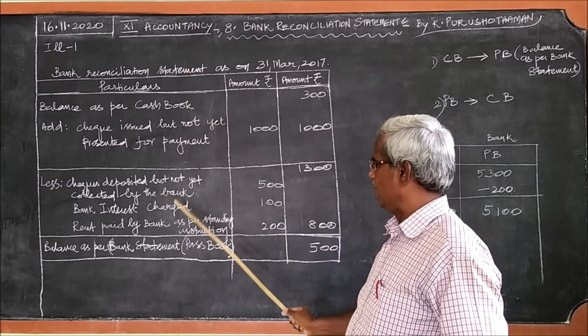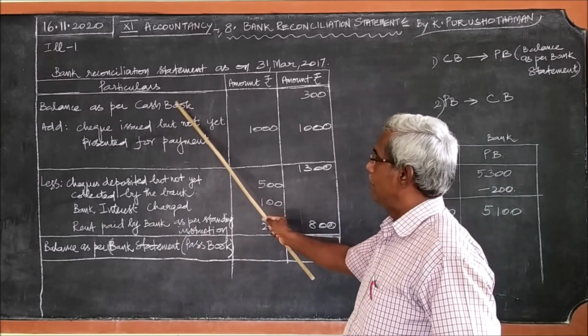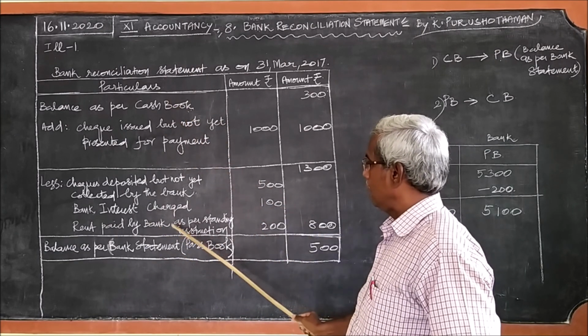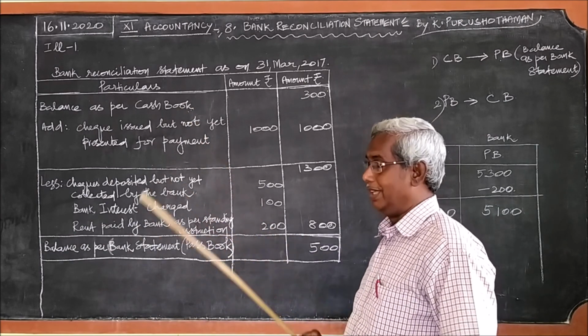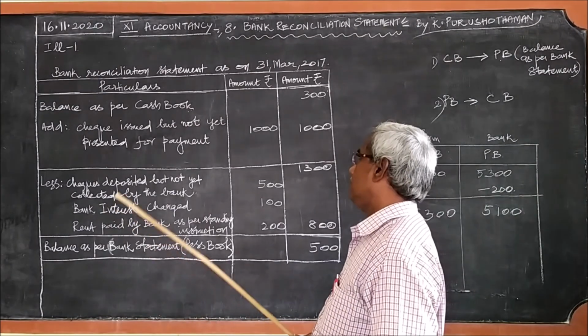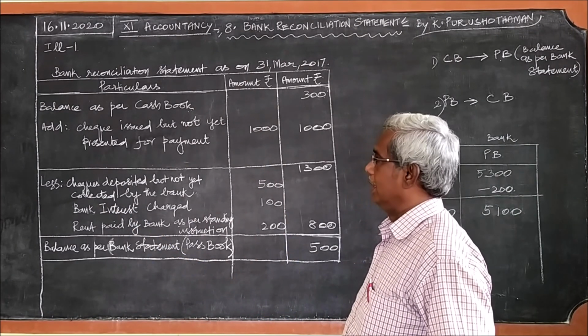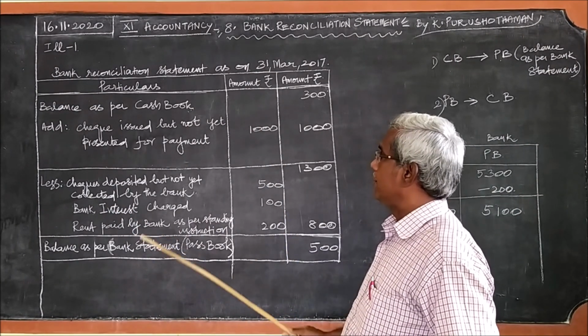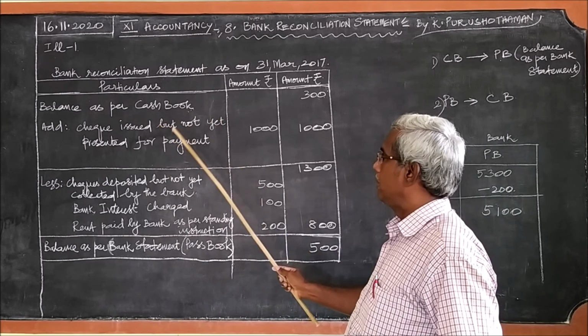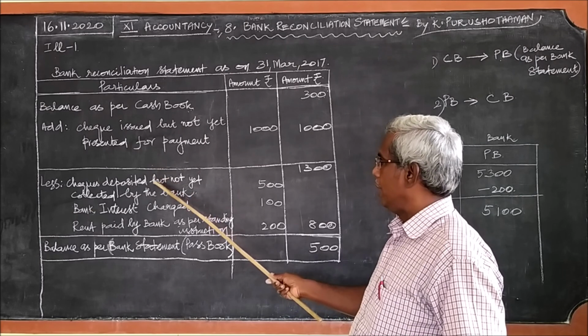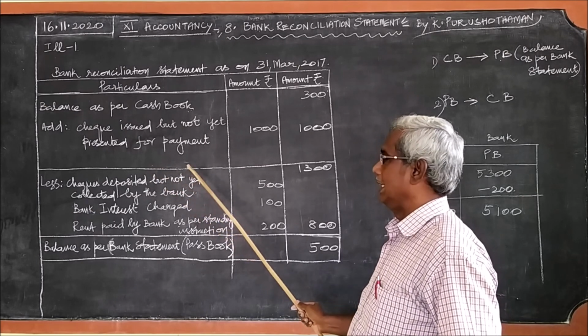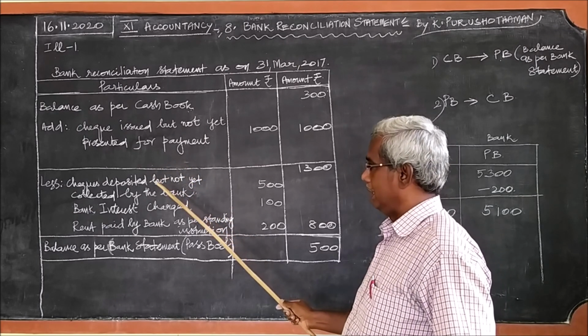If you start with this, you should end with this. If we start with this first, where should we end? We should end with cash book balance. These two are different. And one thing you should remember, checks issued but not yet presented for payment will be opposite to checks deposited but not collected or not yet credited.